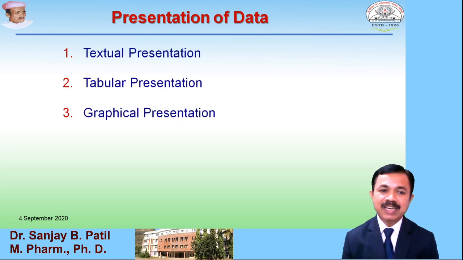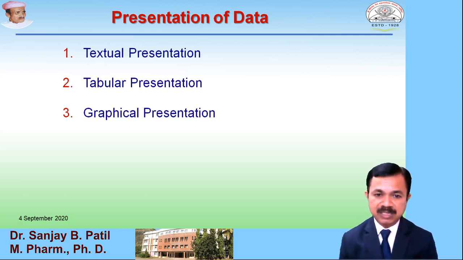The second way is tabular presentation of data. So what is tabular presentation of data? The data which is presented in the form of tables is known as tabular presentation of data. Once the data is collected, when we organize it in the form of a frequency distribution or cumulative frequency distribution in tabular form, such presentation is known as tabular presentation.